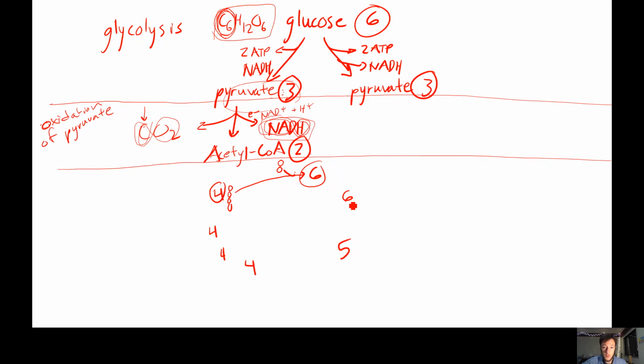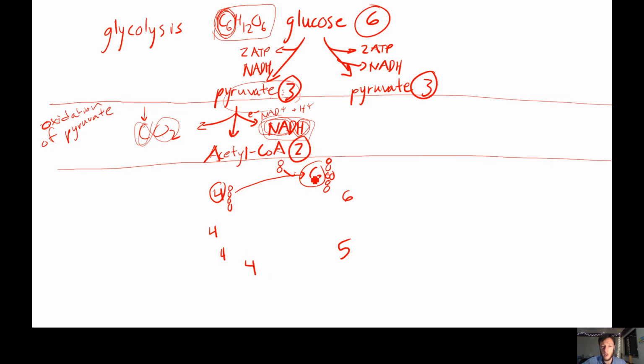And at each of these steps, you see going from 6 to 5, we're going to lose some carbon. From 5 to 4, we're going to lose some carbon. And so by the time we get down here to restart the cycle, we need this acetyl-CoA entering the cycle. And it'll look something like that. Okay, not super important what the names of these are.